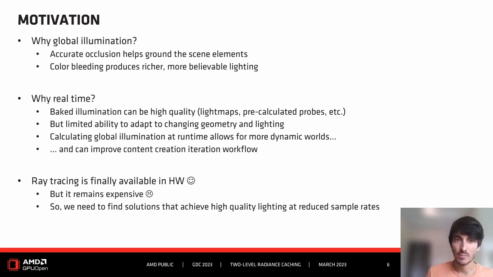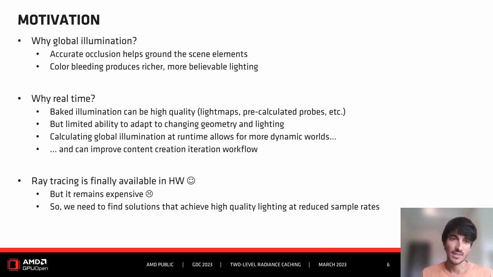Baked lighting can be pretty high quality. There's lots of techniques available, but obviously it's limited in its ability to adapt to changing geometry and lighting. So we really see the goal of calculating GI at runtime as a way to allow for more dynamic worlds. And we're not completely there yet. I'll touch back upon that topic later in the presentation, but that's really our aim.